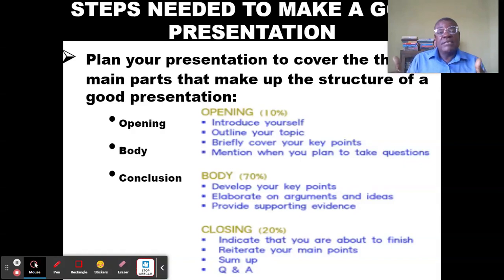In some presentations, it might be necessary for your audience to ask you some questions based on what you have discussed, and then you give responses by way of clarifying any areas that they didn't quite understand or they want additional information about.